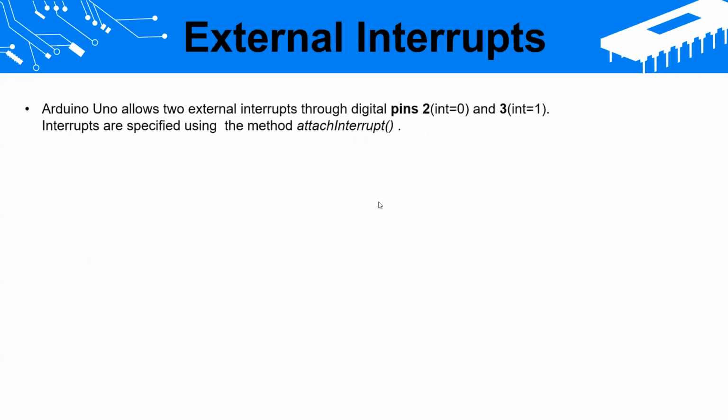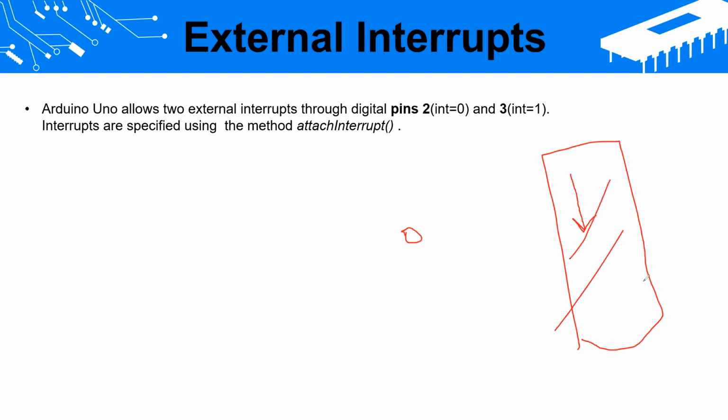Suppose you have a code doing some work, like printing a set of numbers, counting from 1 to 10,000, something like that.